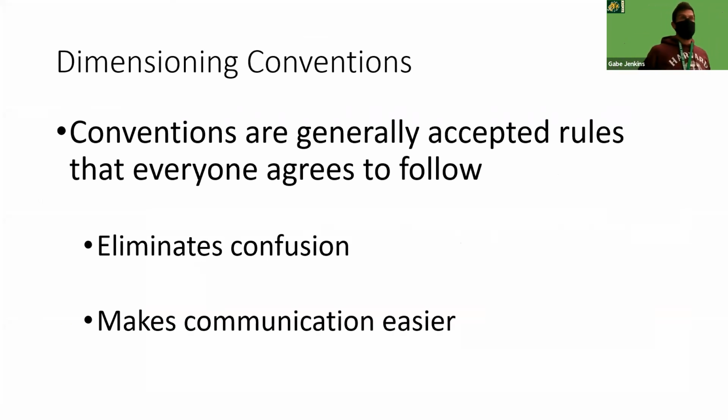Conventions are just generally accepted rules that everyone agrees to follow. You can have conventions around how class goes, or around the right way to play rock, paper, scissors, for instance.